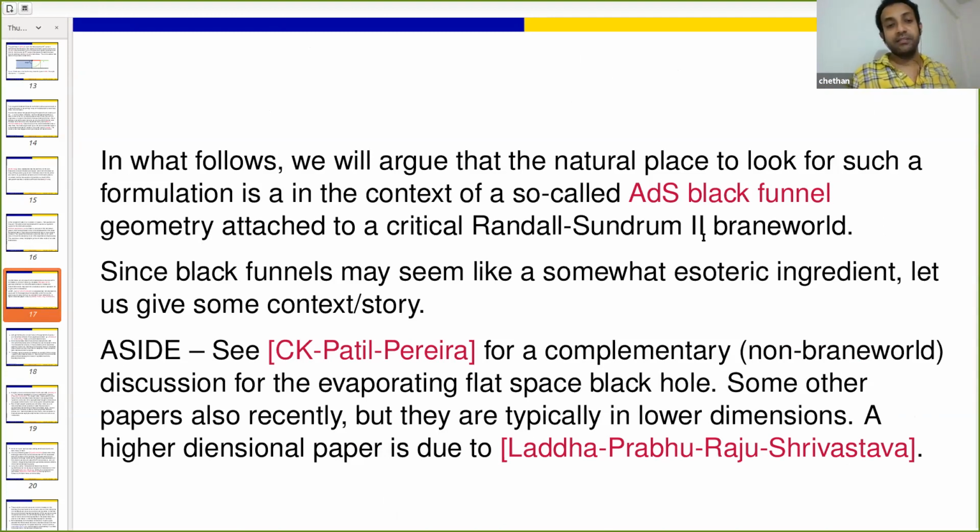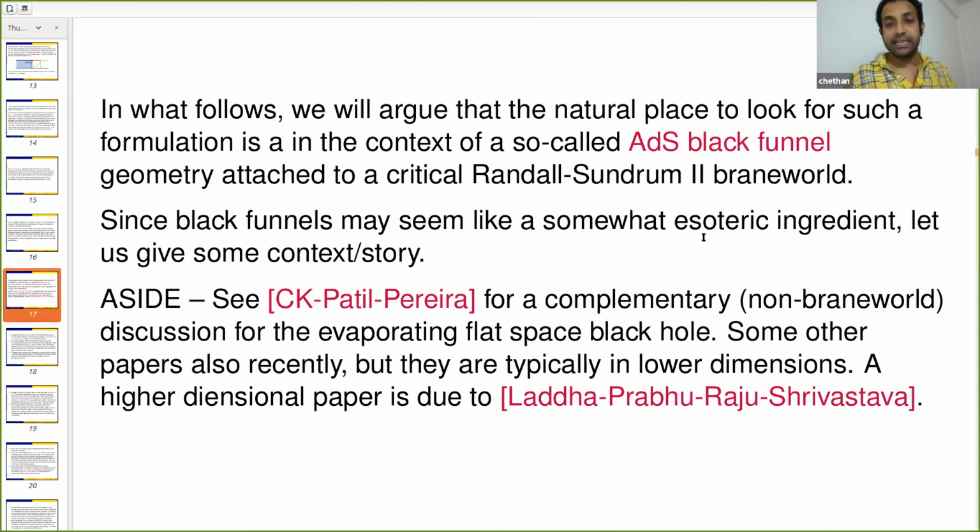It will seem like somewhat of an esoteric construction, so I'll slowly build up to that. What exactly is an AdS black funnel, and why is it not just something that I pulled out of a hat? And why are AdS black funnels attached to brane worlds relevant for the brane world information paradox? That's the flat brane world information paradox, where there is no cosmological constant. That's the question that I would like to make some comments about.